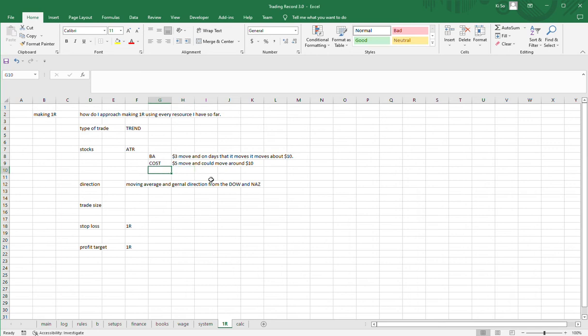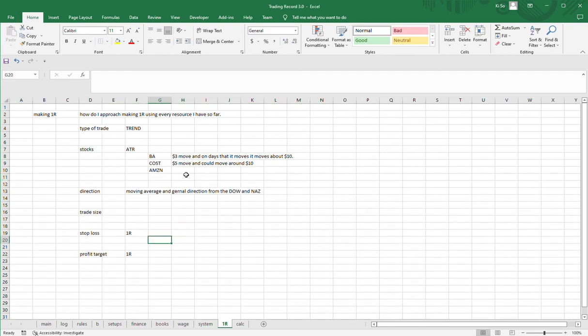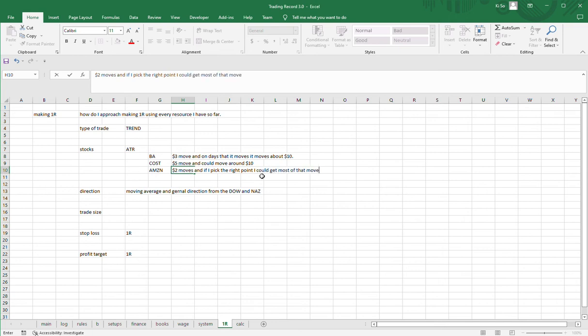And also a stock like Amazon. Amazon typically moves about $2. And if I pick the right point, I could get most of that move.